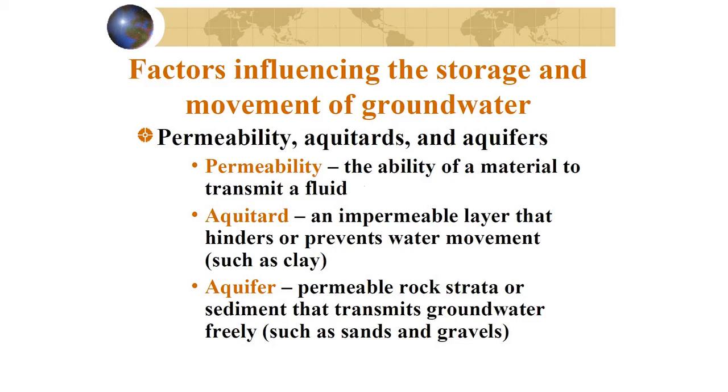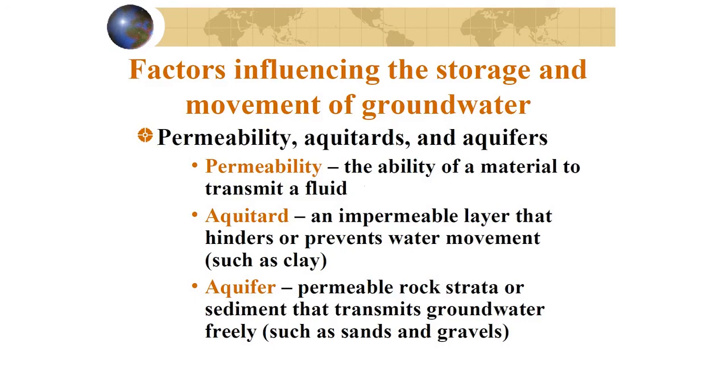An aquifer can hold and transmit water. An aquiclude is an impermeable layer that hinders or prevents water movement. Clay is actually an aquiclude. An aquitard retards the movement of water, as in silt and siltstone. It will hold water and transmit water, but the movement will be limited.